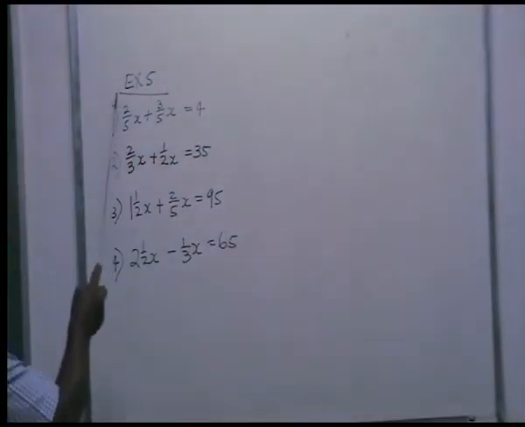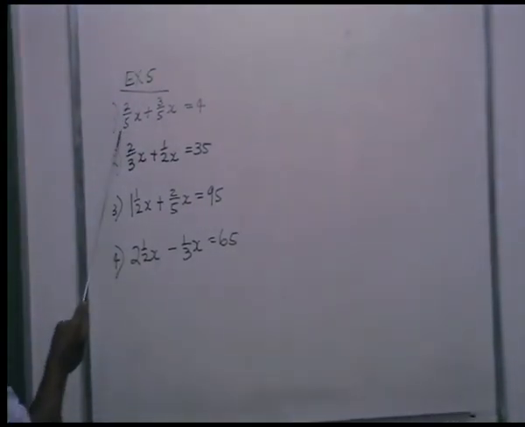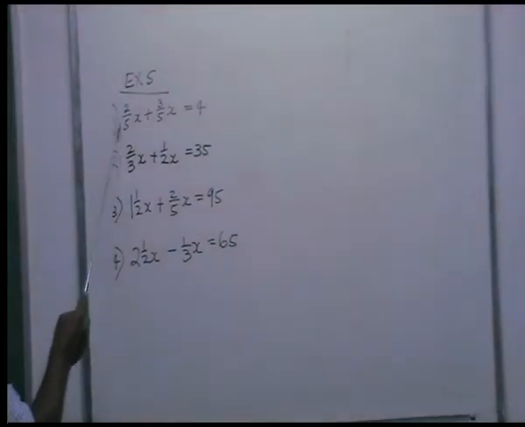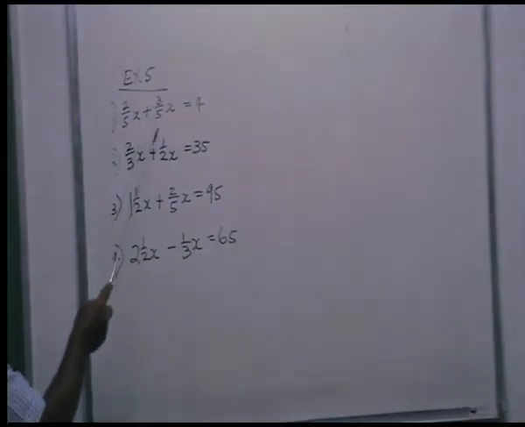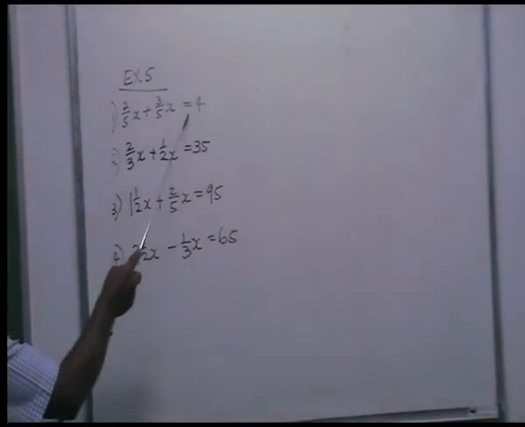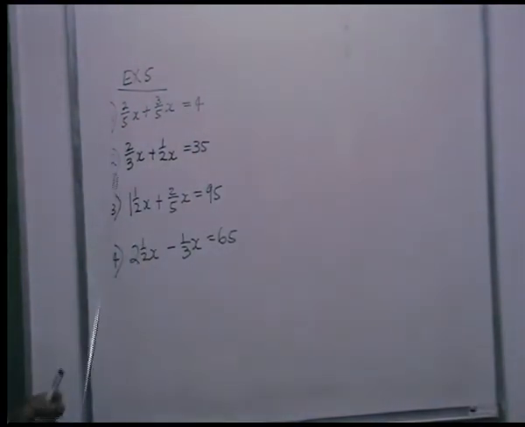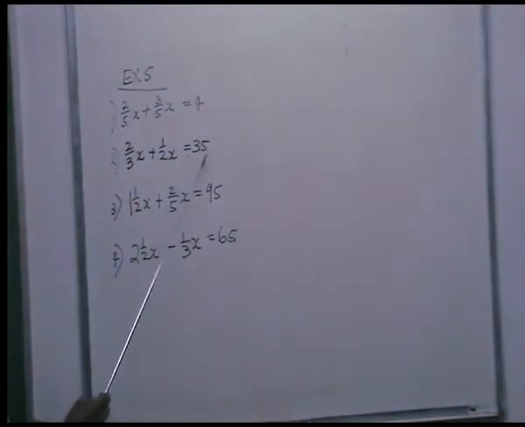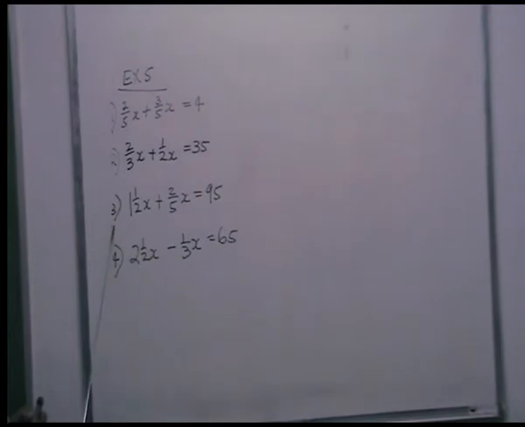Alright, so here we have exercise 5. Number 1: 2/5 x plus 3/5 x is equal to 4. Number 2: 2/3 x plus 1/2 x is equal to 35. Number 3: 1.5x plus 2/5 x is equal to 95.